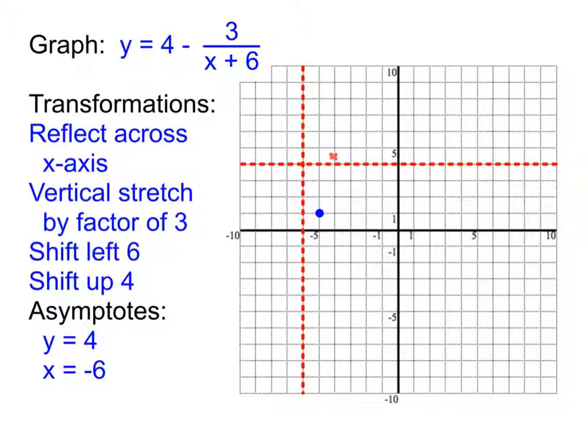What is 1/2 times 3? It's 1.5, 3 halves, any way you want to say it is fine. But that means that if I go over 2, I'd have to be plotting a point down 1.5, which would be right there. And if you feel comfortable doing that, do it.